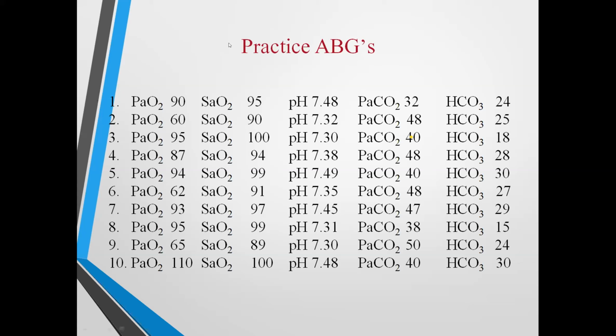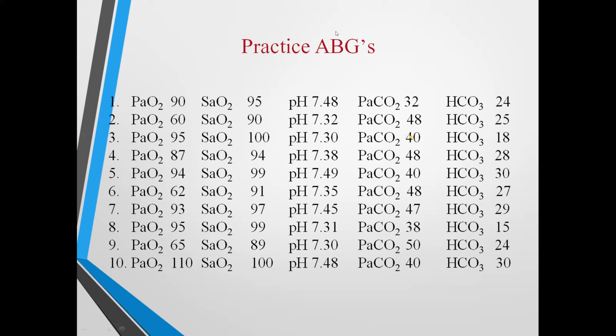PO2 is 90, SO2 is 95, pH is 7.48, PCO2 is 30, and bicarb is 28. What is this? Which pathological condition does it meet? Metabolic alkalosis? This is not metabolic. Look at here.